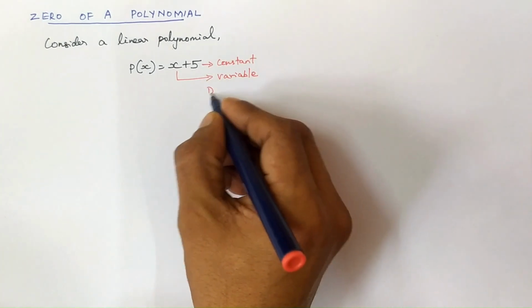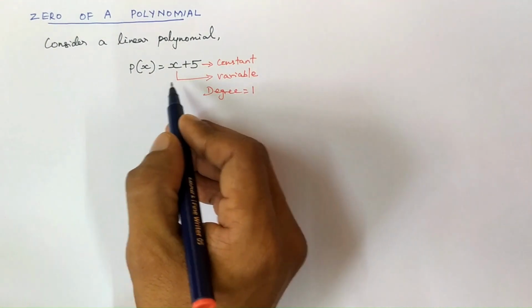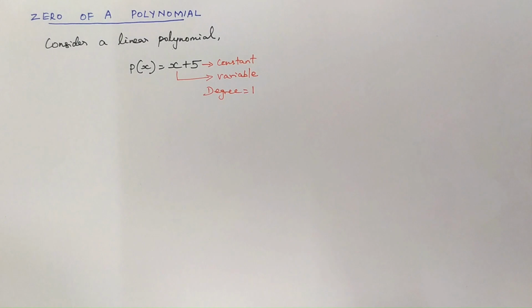The degree here is 1 and hence this is a linear polynomial. x plus 5 is a linear polynomial, we know this.